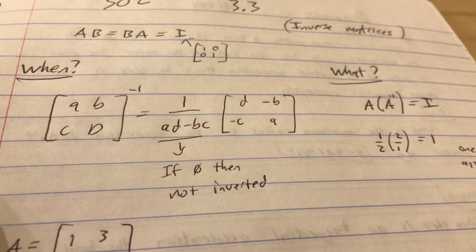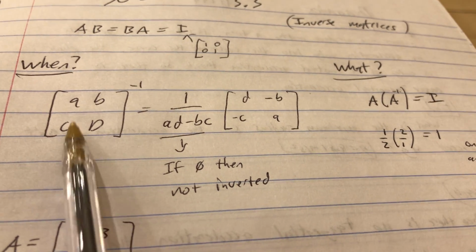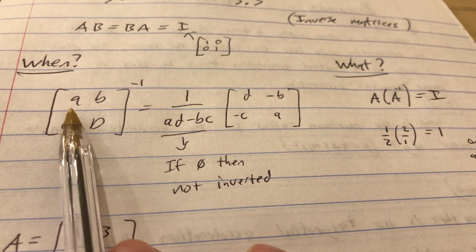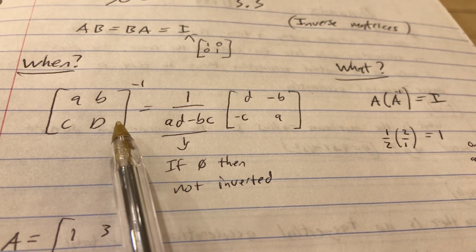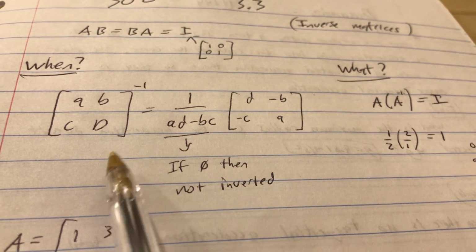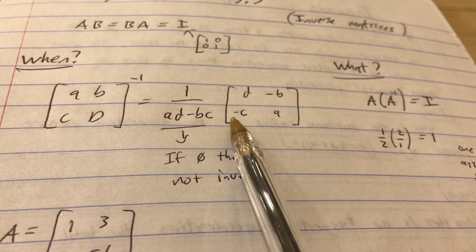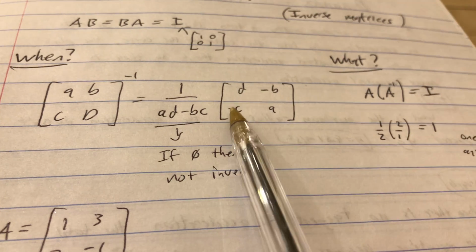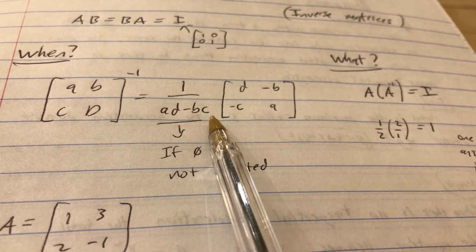So when is a matrix able to be inverted? You get it from this equation. For example, take the matrix A, B, C, D. If you invert it, what it's going to equal is: you switch the D and the A, and then you change the sign on the C and the B. Then you divide by AD minus BC.